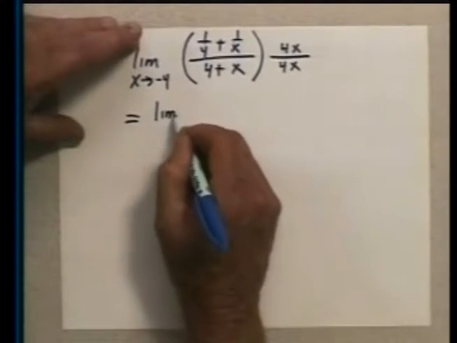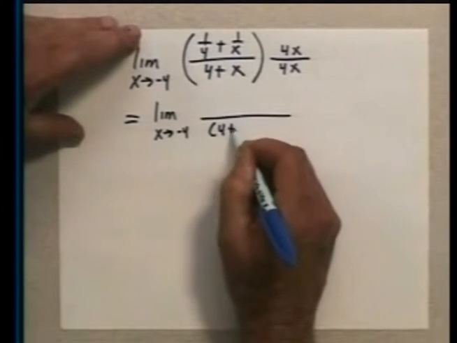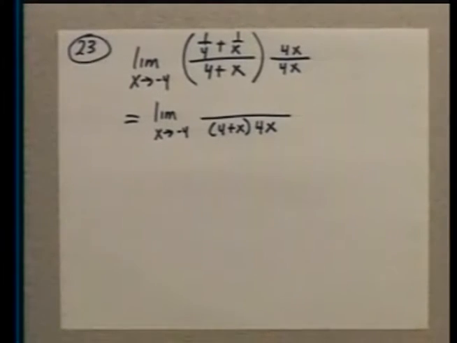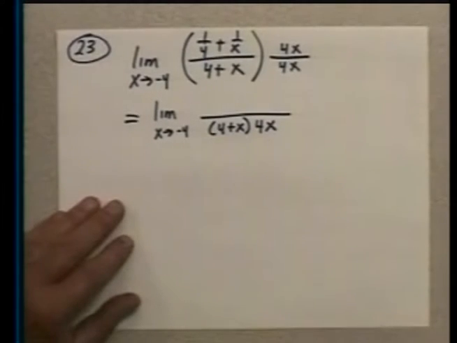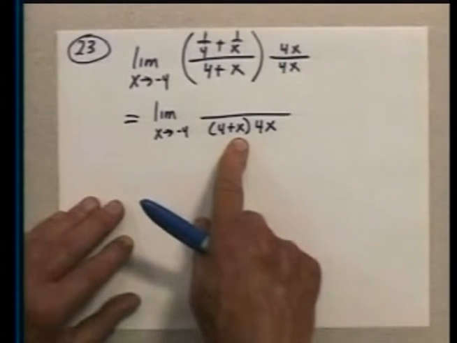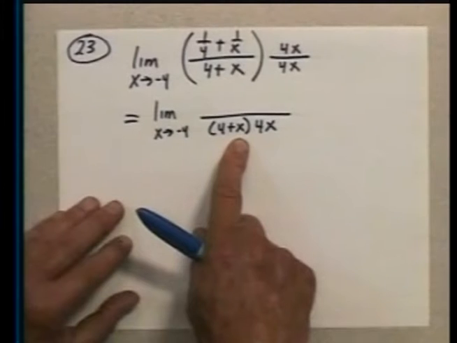Okay, in the denominator, we leave it in factored form. Why? Because I can't get an answer as long as 4 plus x is here. The only hope for this is that the 4 plus x might cancel. And not only is that probably the only hope for this, I'll bet you they do it that way at Kelvin too. It's not just hope.